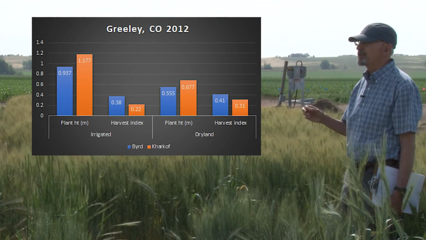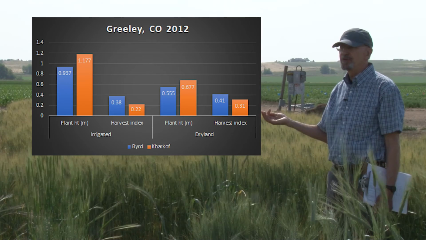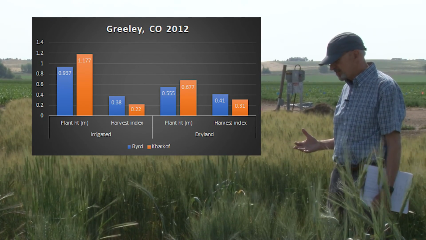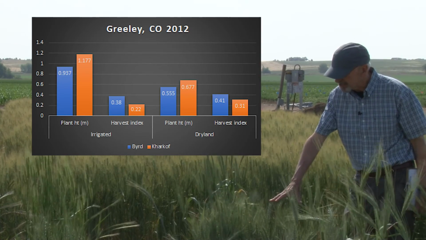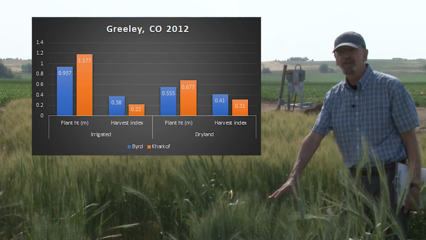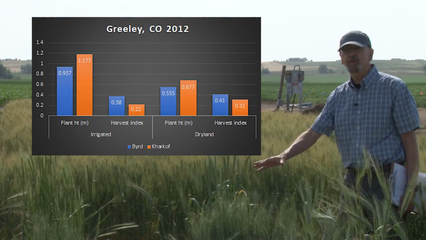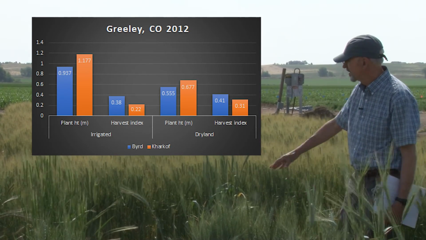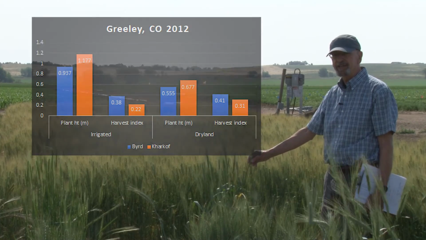That ratio of grain to vegetative matter we call the harvest index. So the modern varieties have a much higher harvest index, a much higher proportion of grain compared to the whole biomass, compared to some of these old varieties.